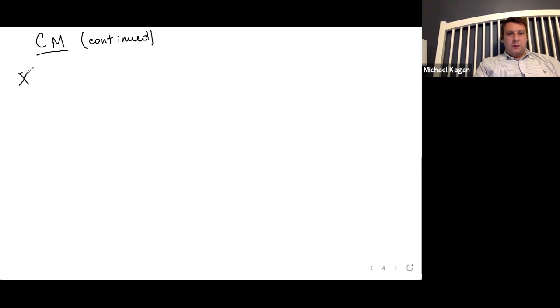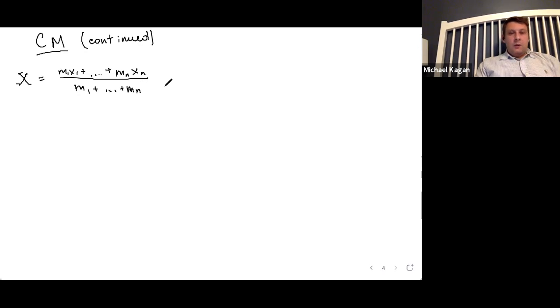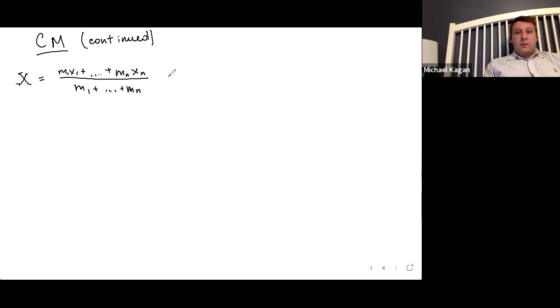The position of the center of mass is given by m1 x1 plus so on, mn xn, over the total mass, m1 plus so on, mn. So this is for point particles.